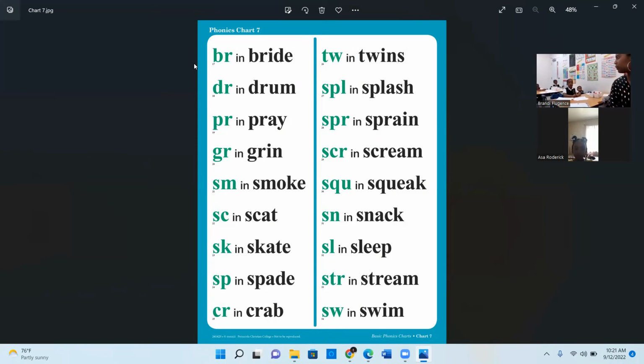Can't learn any sounds by not looking. GR says grr, and grin. GR says burger. SM says /sm/ and smoke. SC says /sk/ and scat. SK says /sk/ and skate. SP says /sp/ and spade.